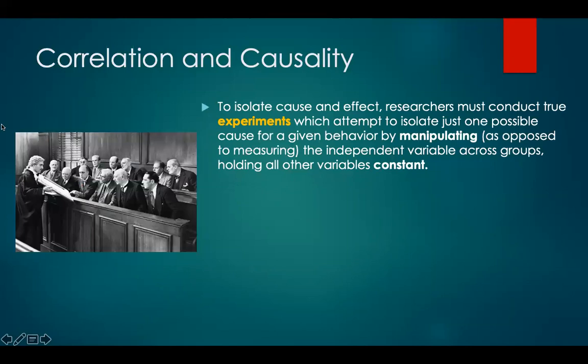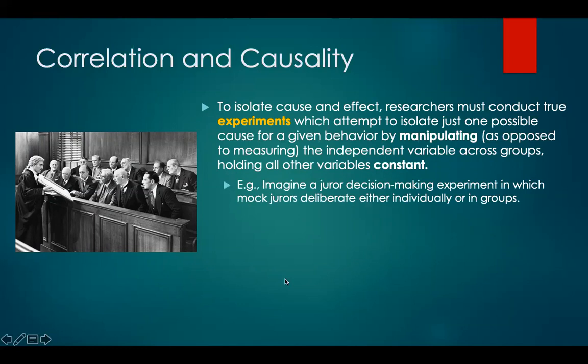Now, to isolate cause and effect, researchers must conduct true experiments, which attempt to isolate just one possible cause for a given behavior by manipulating, as opposed to simply measuring, the independent variable across groups, holding all other variables constant. So imagine a juror decision-making experiment in which mock jurors deliberate either individually or in groups.